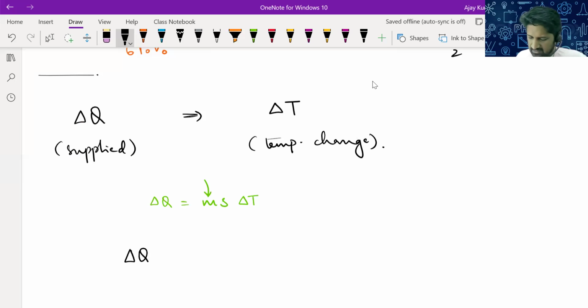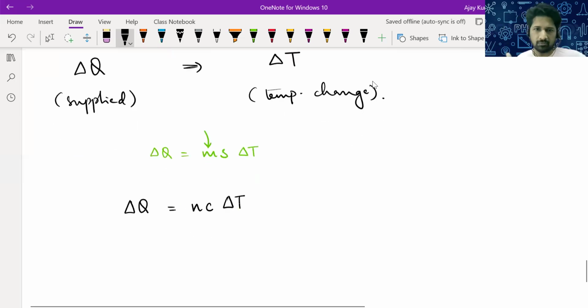So when it comes to gases or in thermodynamics, heat and temperature are related as delta Q is equal to n C delta T. Instead of mass, we use number of moles. Instead of s, that is specific heat, we use C, which is called molar specific heat.